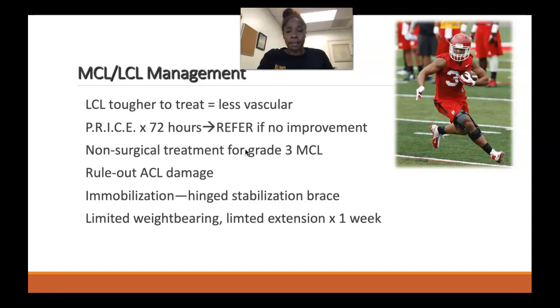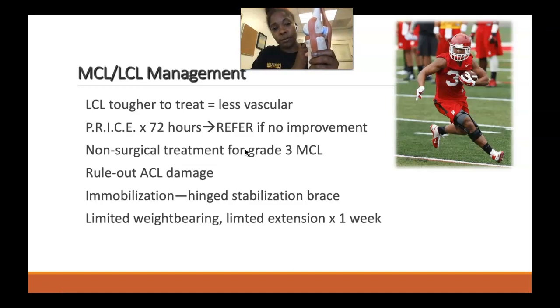In terms of management, there are a couple things to consider. Number one, the MCL is injured more often than its LCL counterpart. The reason for that is twofold. Number one, the majority of forces to the knee are most often going to occur to the outside of the knee. In other words, the outside of the knee is just more exposed to forces. And the other reason is that anatomically the MCL has deep fibers attached to the medial meniscus.